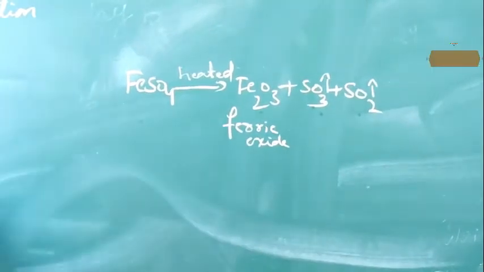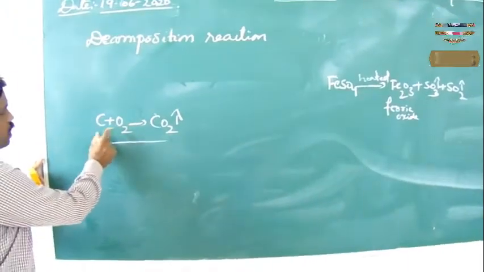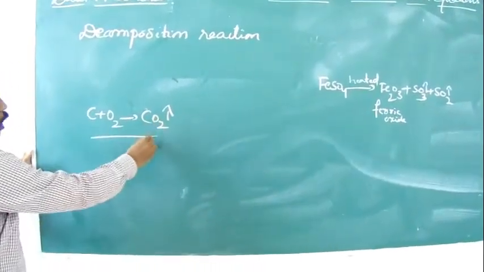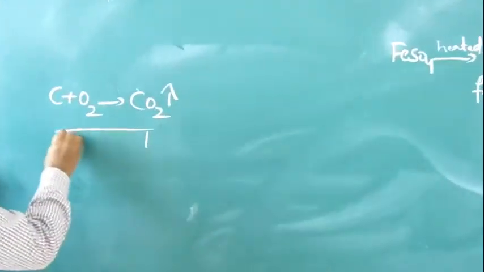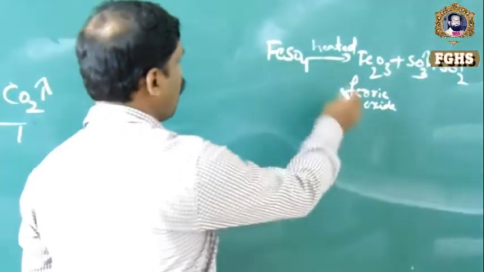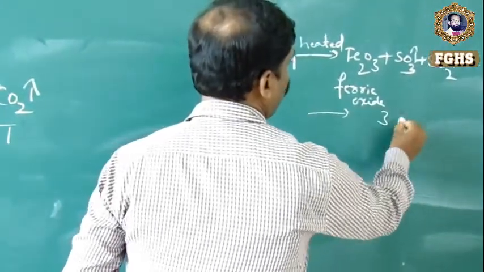If you see these two equations, this is the example for combination reaction in which two reactants are combined together to give carbon dioxide. It's only one product. Two reactants are there. But here in decomposition reaction, you can see one reactant gives three products.